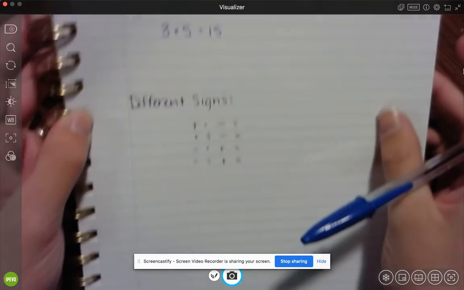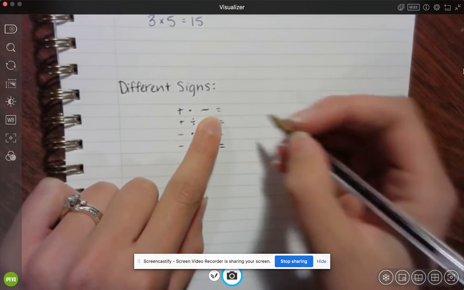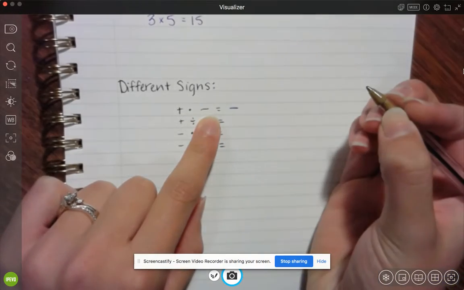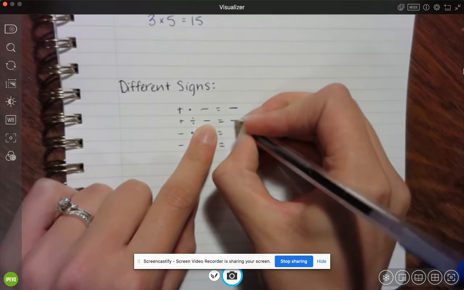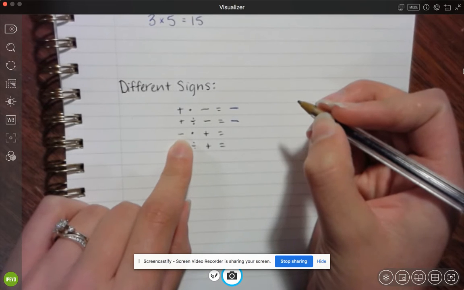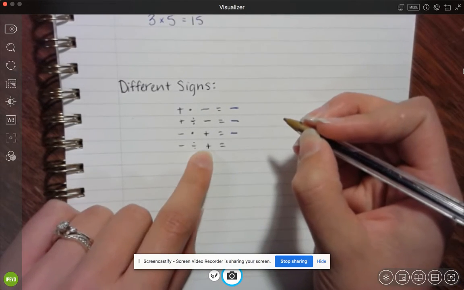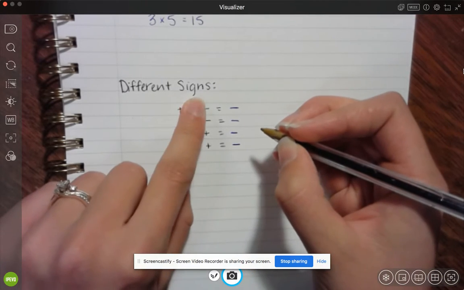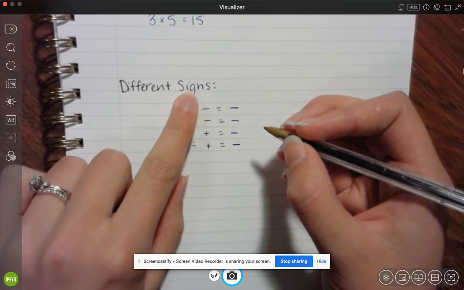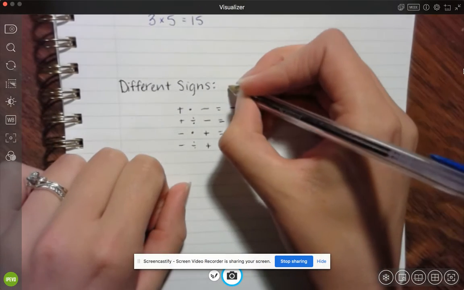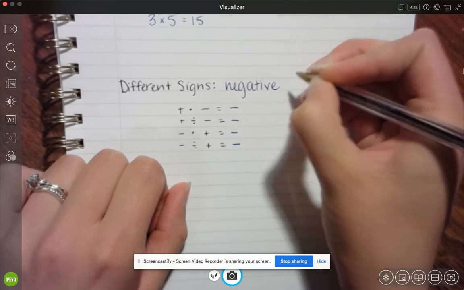Now with a different sign, okay, so if I do a positive times a negative, the answer will be negative. If I do a positive divided by a negative, I'll get a negative. See where this is going? Negative times a positive, negative, negative divided by a positive is negative. All right, so if we are multiplying and dividing numbers with different signs, so a positive and a negative, our answer will always be negative.